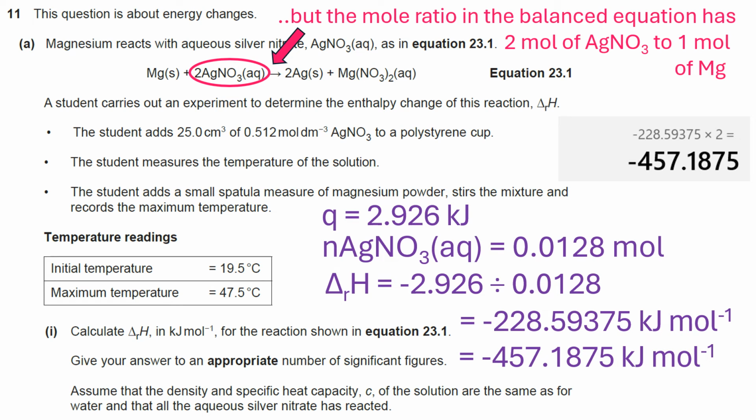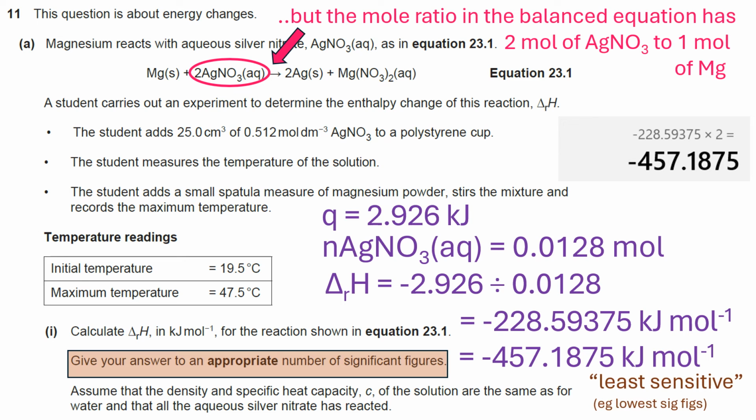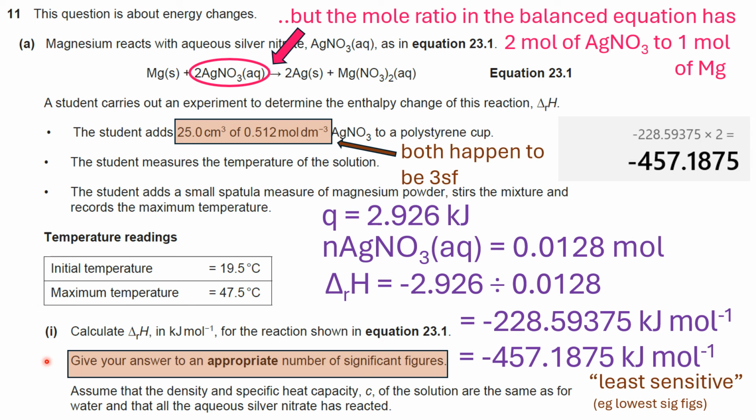The final part is to give your answer to an appropriate number of significant figures. So looking at the information, both pieces of data, your 25.0 and your 0.512, happen to be 3 sig figs.